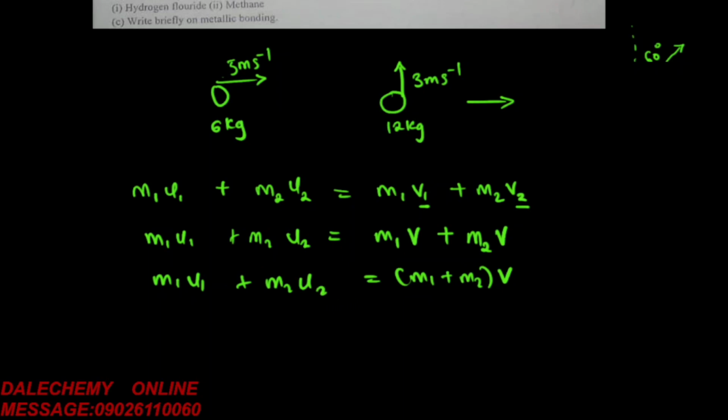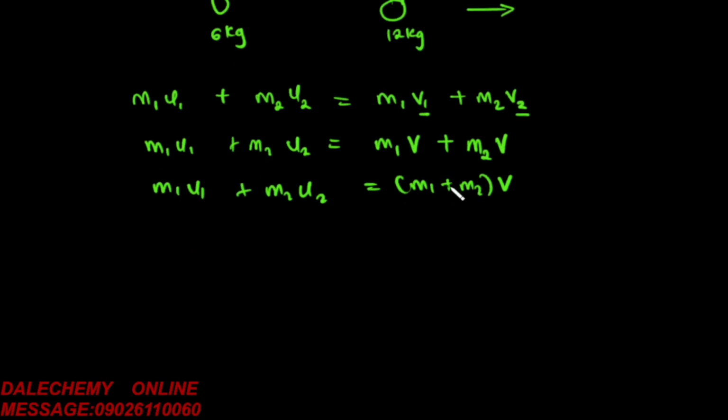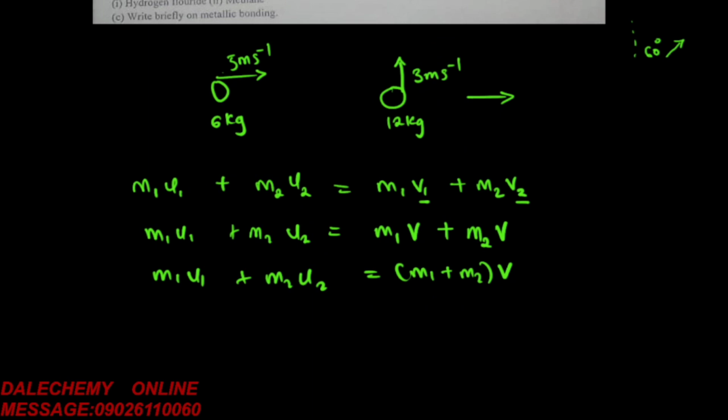So this is the formula we're going to use, and you're going to calculate the velocity in two planes, for x and for y. Now let's start. If you want to do for this first object, let's say we want to start for x component.